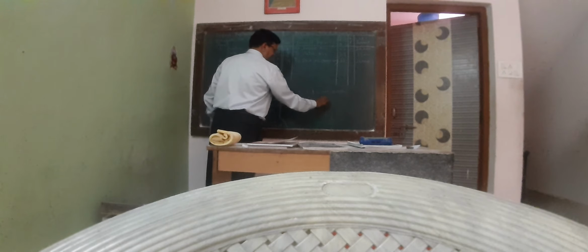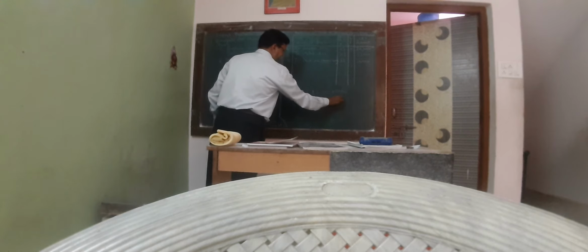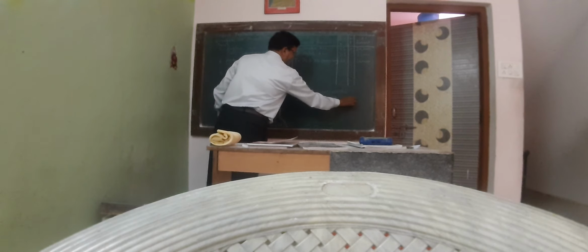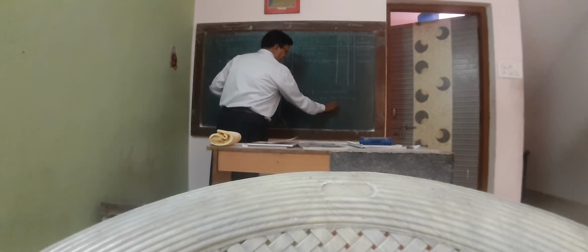Then 15, cash purchase is not recorded in this book. So cash purchase is not recorded. Order is a non-economic transaction. So non-economic transactions are not recorded in this book.